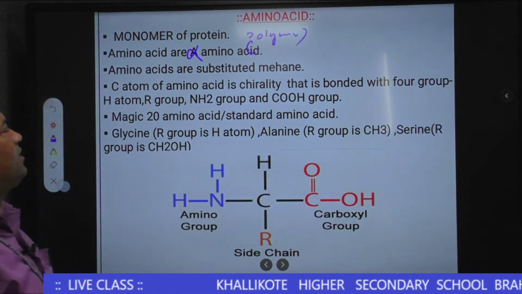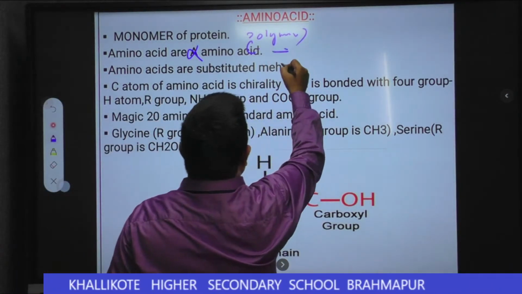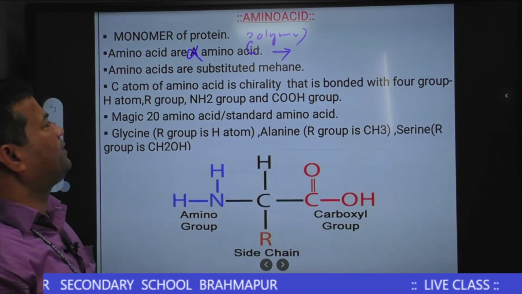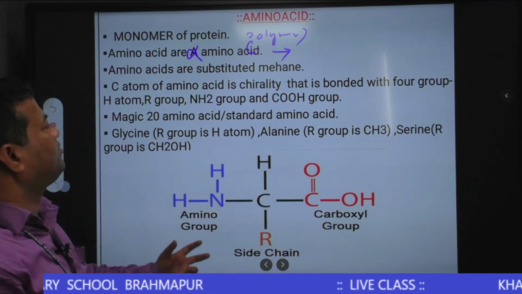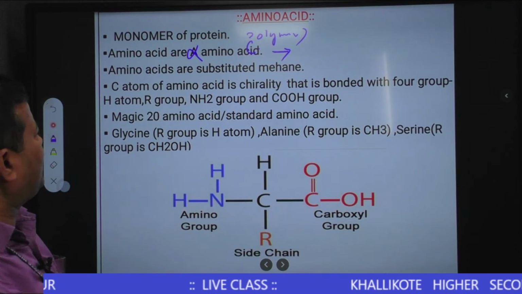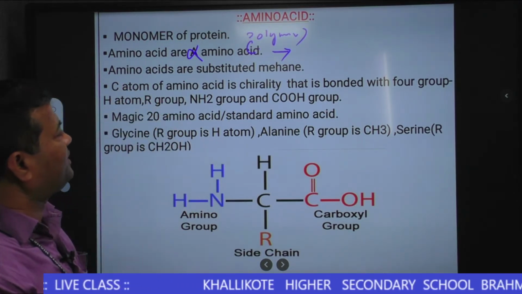Why is it considered an alpha amino acid? Because it has an alpha carbon atom through which the amino and carboxyl groups are attached. Amino acids are also substituted methane.